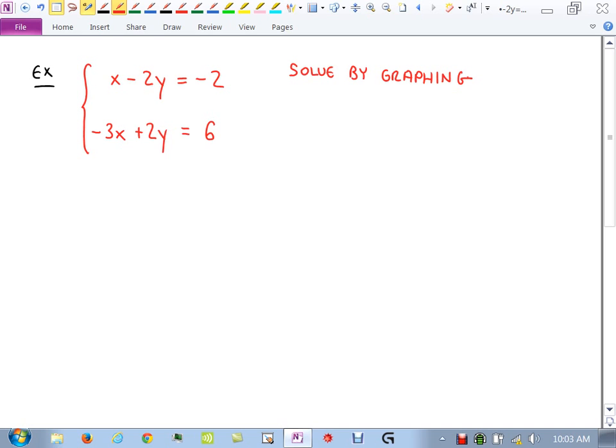Probably I'll save it for Wednesday: the next section talks about a different way of doing this, a method called substitution. That method has nothing to do with graphing. We won't graph to try to find an answer. So on the test, you need to know that solve by graphing means I expect you to draw some lines here.